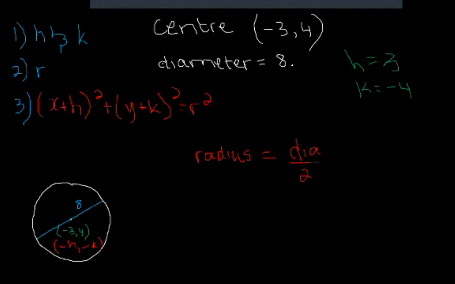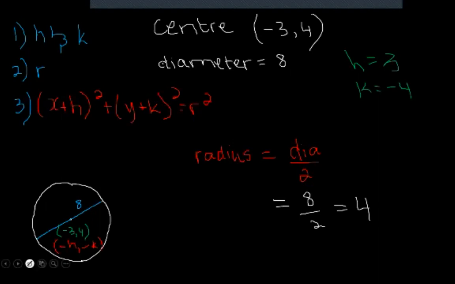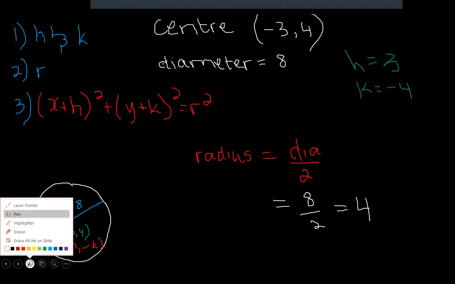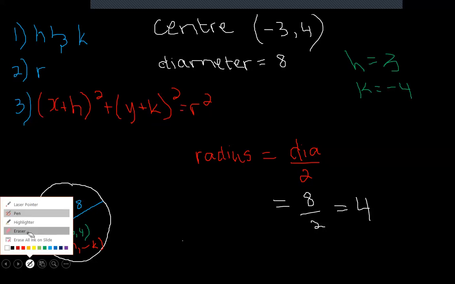They told us here that the diameter is 8. So 8 over 2 is equal to 4. So everybody good now? Everybody got 4? Yes, miss.